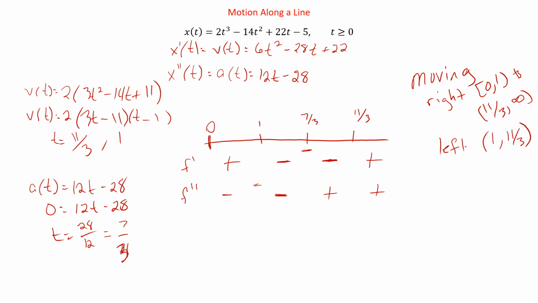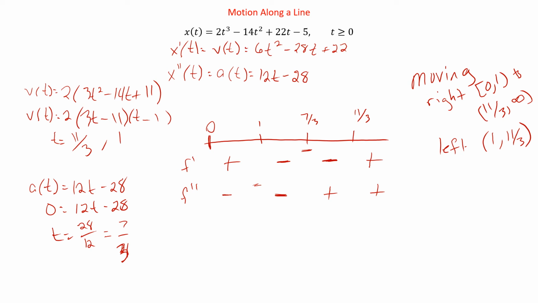And then the velocity is decreasing. That could just be getting small, like the velocity is going down, whether that's towards 0 or further into the negatives, from 0 to 7/3. And then the velocity is increasing from 7/3 to infinity.